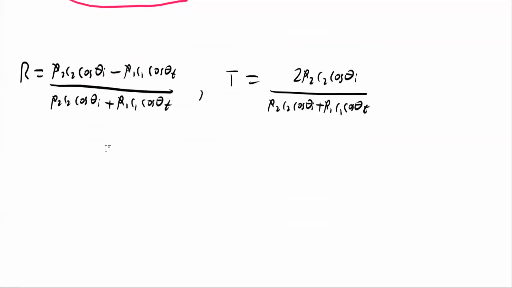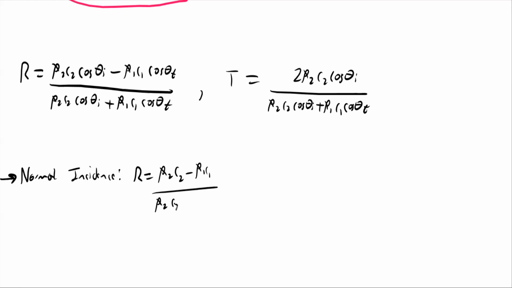Cosine of 0 is 1, so if you plug 1 in everywhere you see a cosine term, then for normal incidence you get R is equal to rho 2 C2 minus rho 1 C1 over rho 2 C2 plus rho 1 C1. And you get T is simply 2 times rho 2 C2 over rho 2 C2 plus rho 1 C1.